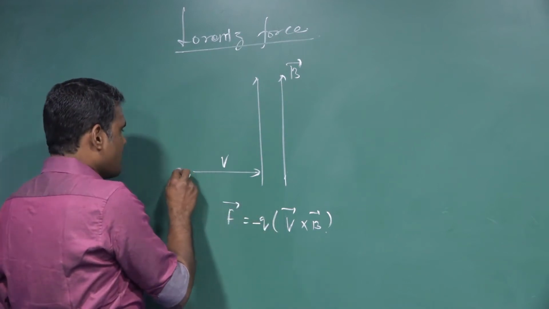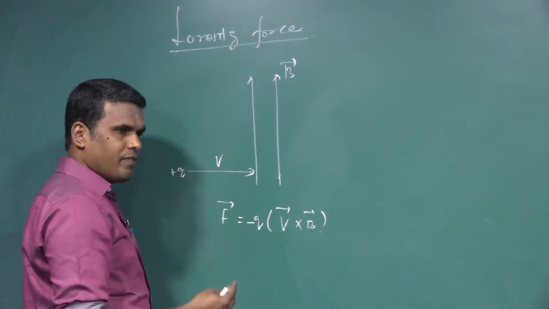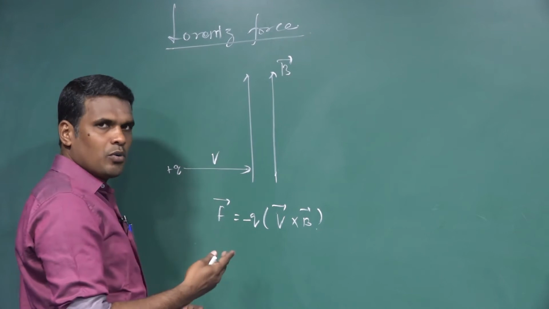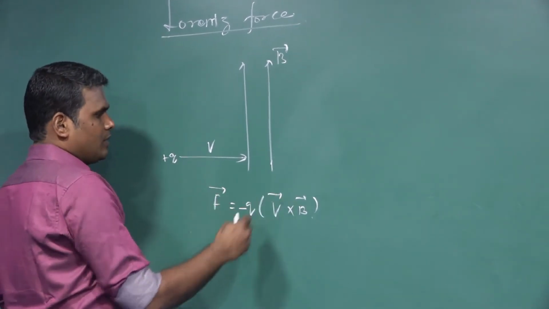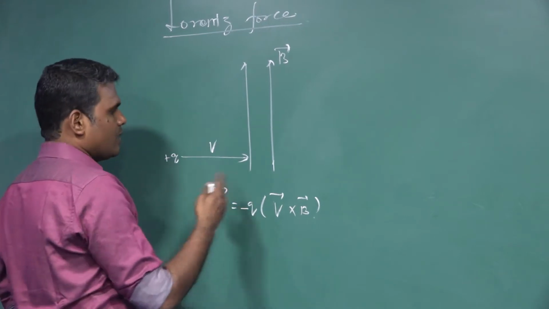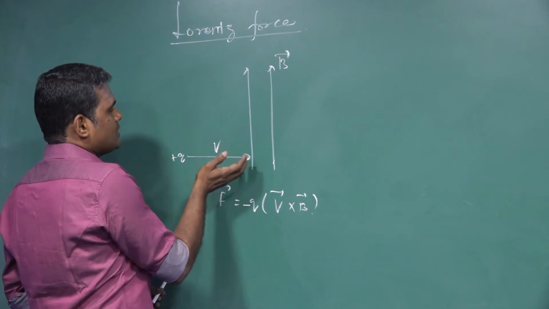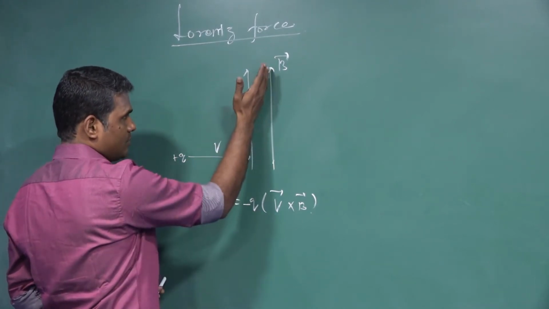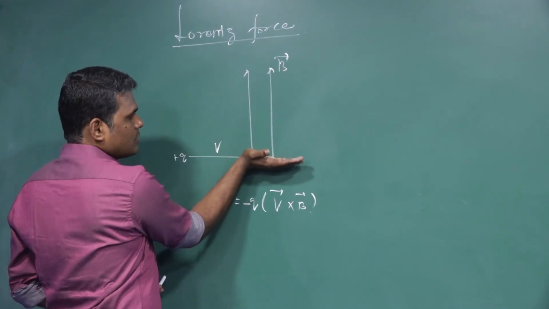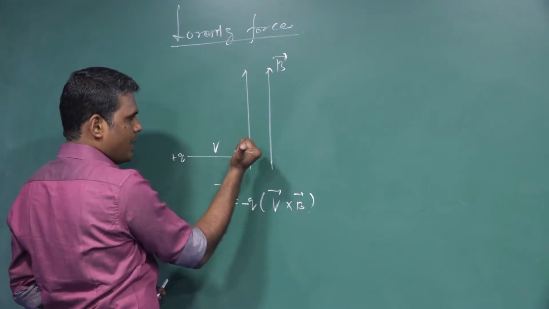If the charged particle plus q is moving in the uniform magnetic field, you can determine the direction with the help of Fleming's right-hand rule, or else you can go with the vector cross product. So if the charged particle is moving with a velocity v, and the magnetic field is B, then v vector towards B vector gives the direction of rotation, so the force will be acting outwards.